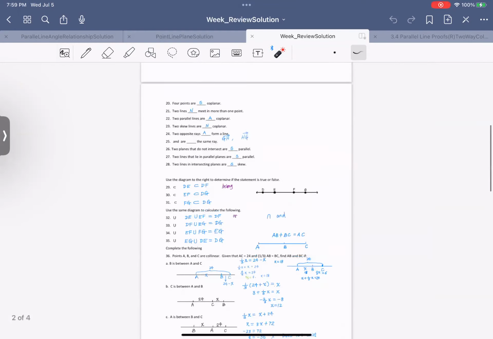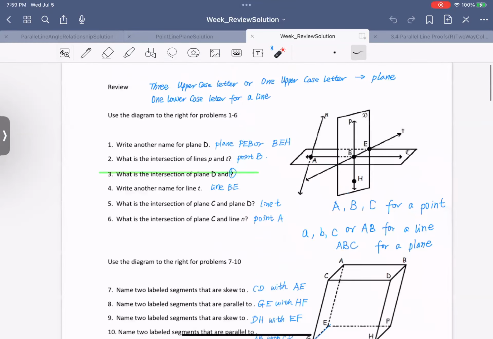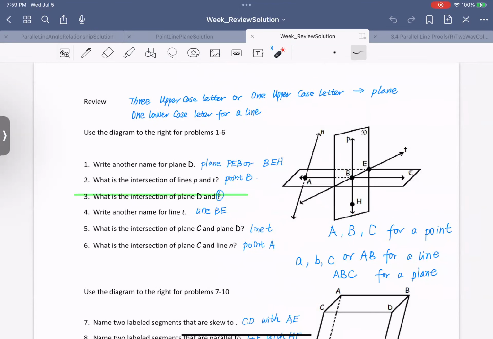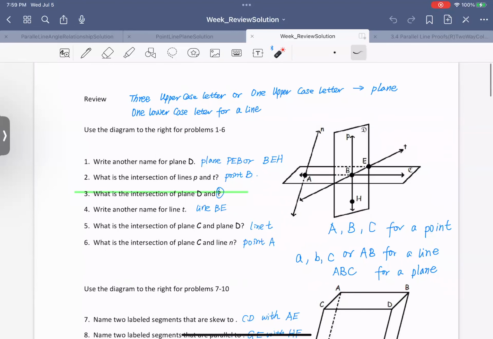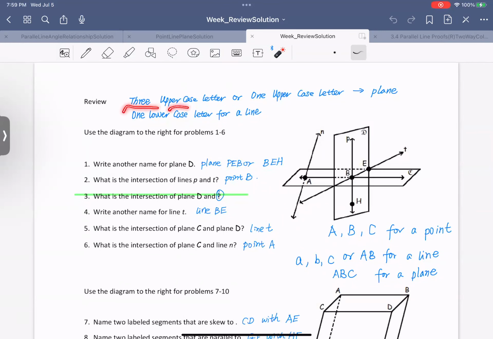Now let's talk about something. We will review the point, the line segment, the skew lines, and the plane and the coplanars all here. You always use three uppercase letters or one uppercase letter to represent a plane.